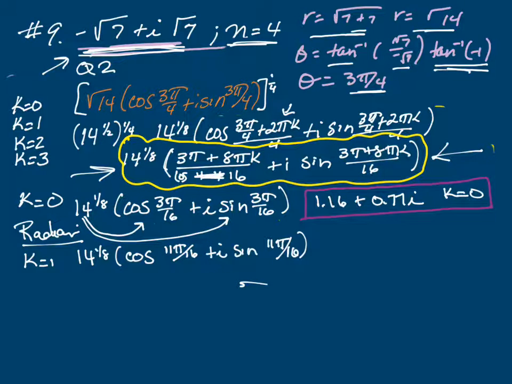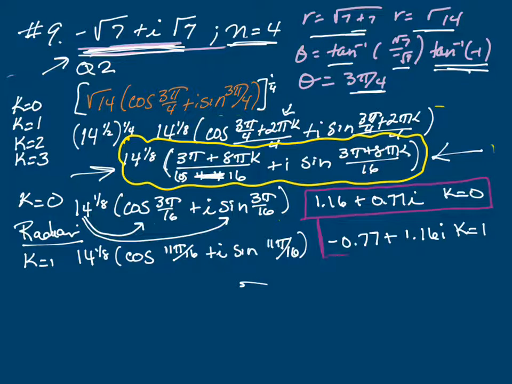So go back, just change the 3 pi to 11 pi, and I get negative 0.77 from rounding, and then for the sine I would get 1.16, so plus 1.16i. That's when k equals 1.